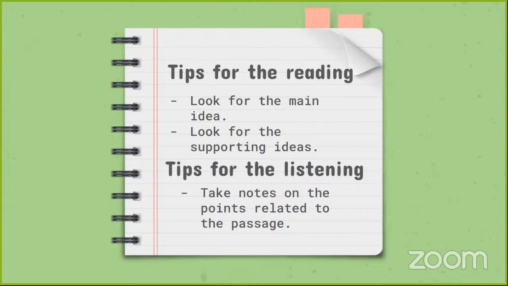Supporting ideas, okay? Where are these supporting ideas? Usually they are located in the following paragraphs. Second, third, fourth paragraph. You will find the supporting ideas, okay? So consider those two aspects at the moment of reading.